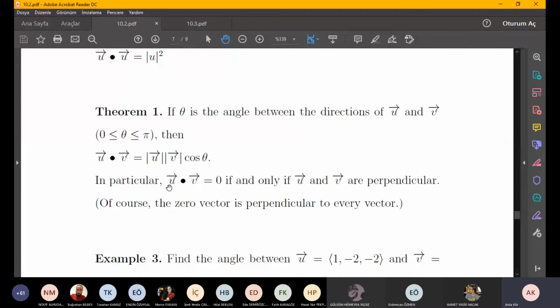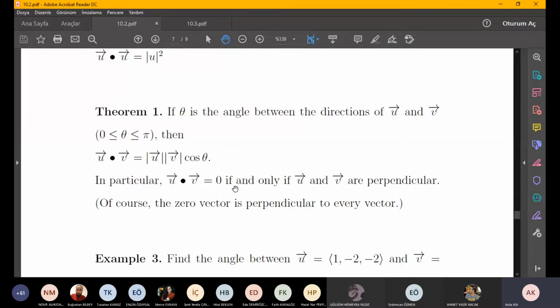If u dot product v is 0, that means u and v are perpendicular to each other, because theta needs to be 90 degrees. Also, if two vectors are perpendicular to each other, then from cosine 90 degrees, u dot product v has to be 0.